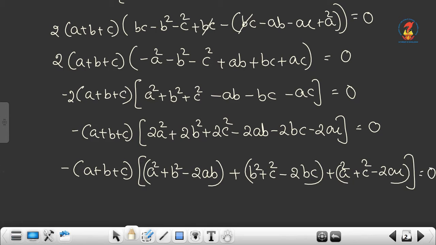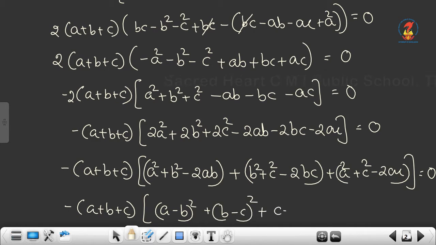So look, this bracket we write like this, sum of 3 terms: (A minus B) whole square plus (B minus C) whole square plus (C minus A) or (A minus C) whole square, that's equal to 0.